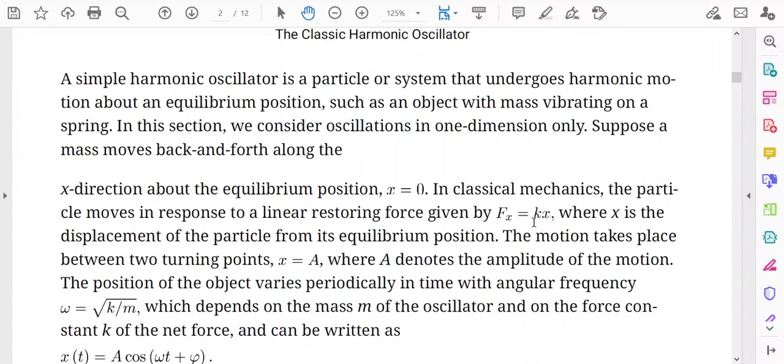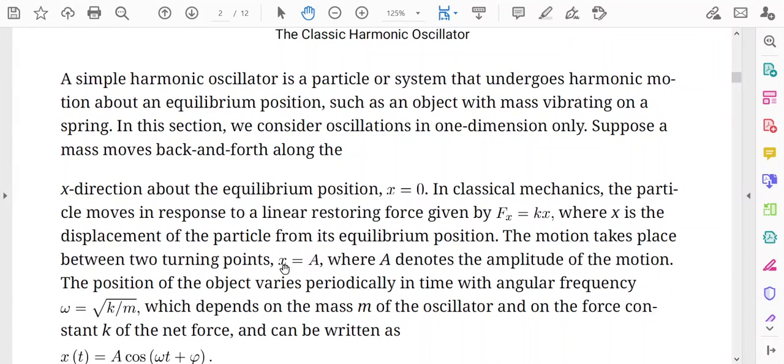But if we consider the magnitude only, then the restoring force F is equal to k into x. What is x? x is the displacement of the particle from its equilibrium position, and k is a constant. Sometimes we call it the force constant.